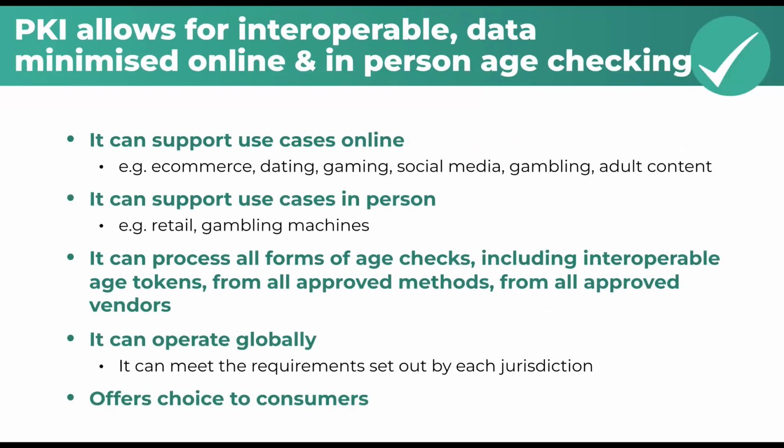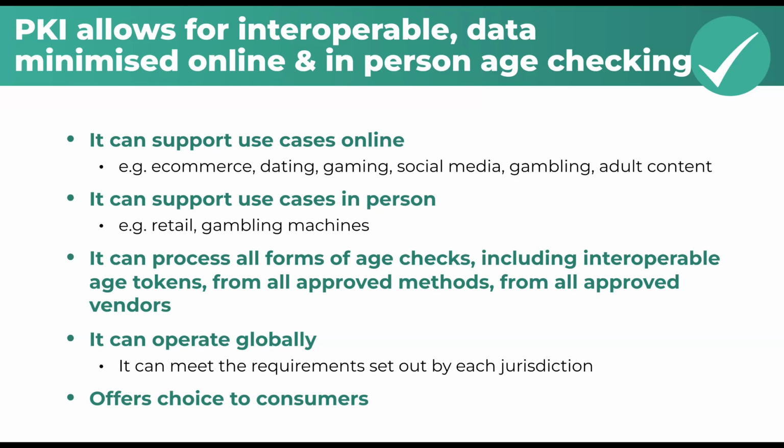The PKI allows for an interoperable, data-minimized approach that can be used online, in person, and even offline. It can support use cases such as e-commerce, dating, social media, gambling, and adult content, and in person, such as retail or gambling machines.